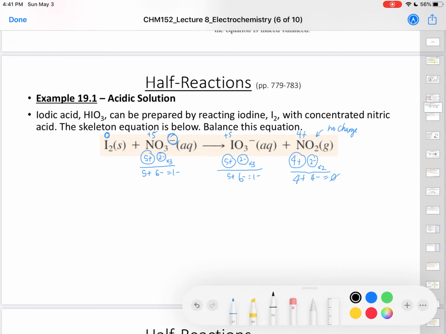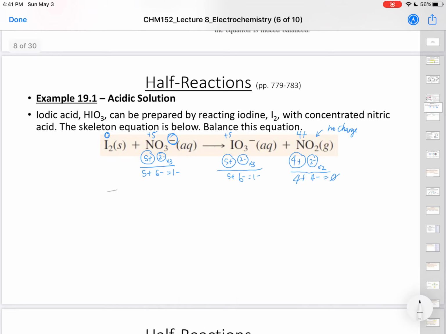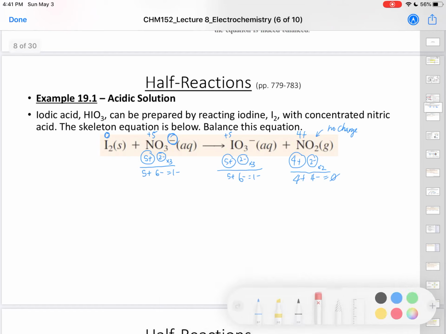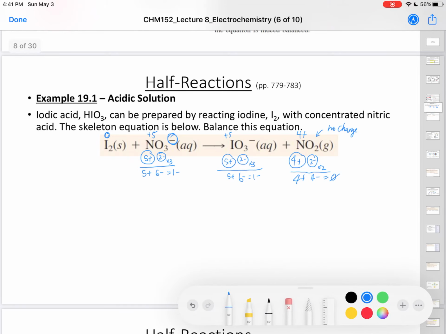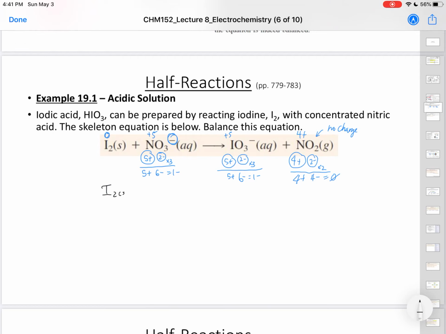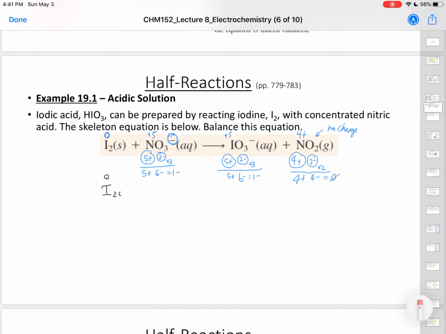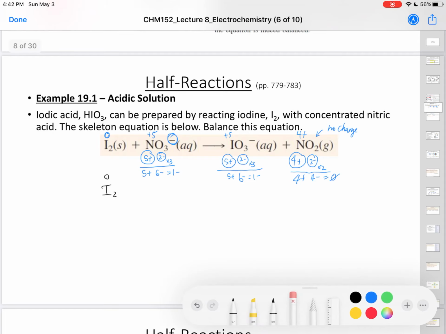Okay, so let's write it down. Iodine is 0. Okay, I'm just not going to write the states until the very end. It'll make it a little easier.